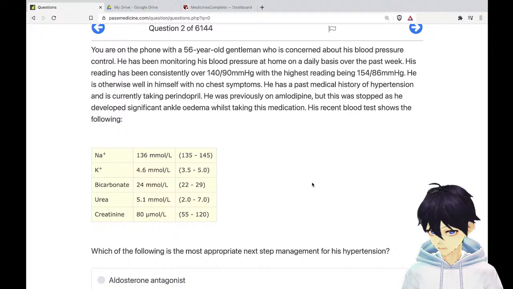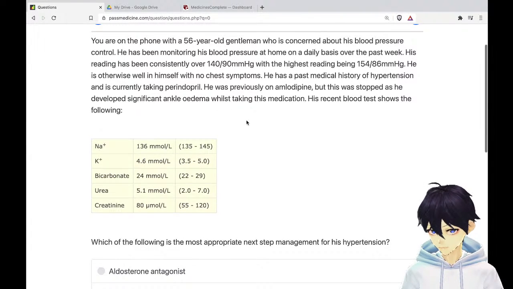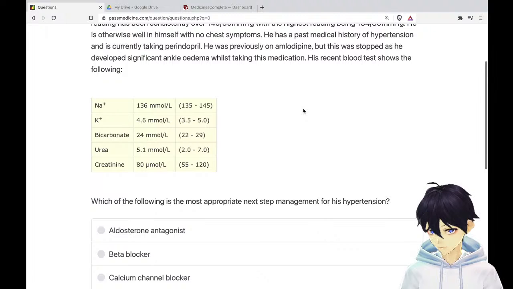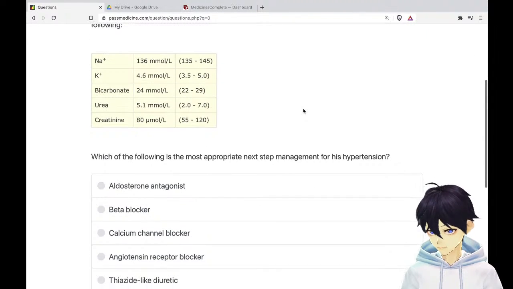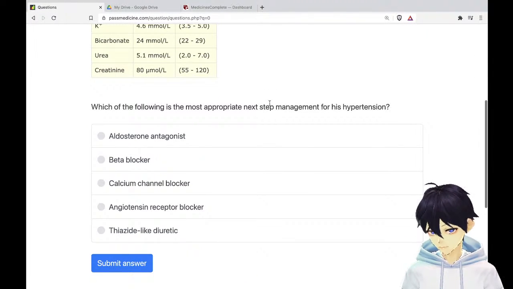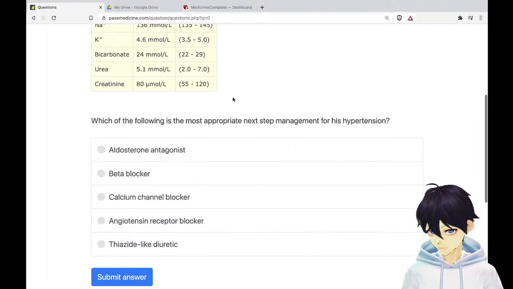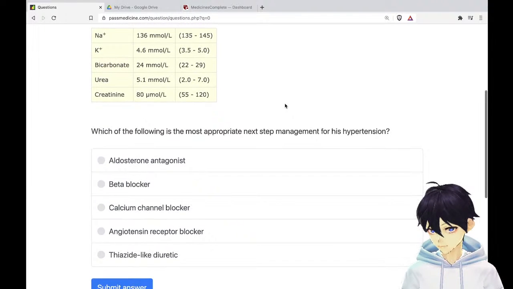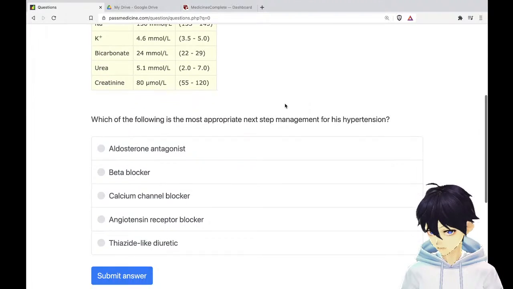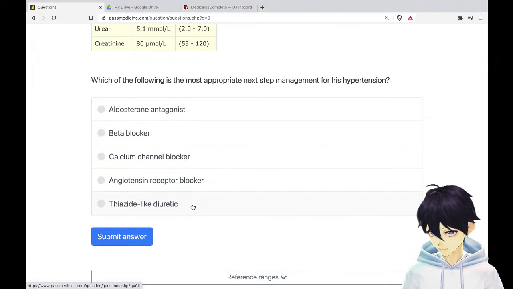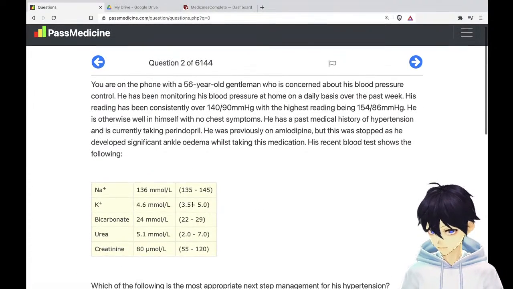So what do you add after ACE inhibitor? And he already tried calcium channel blockers, but it has caused him significant ankle edema. The other one that he has not tried yet, in that first 3 things that you should try, is a thiazide-like diuretic. Is there any contraindications?